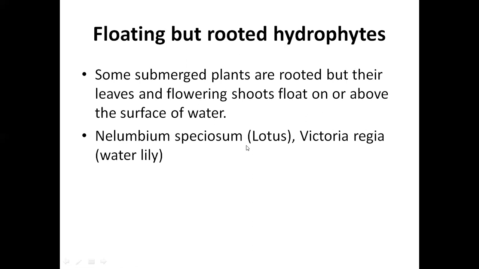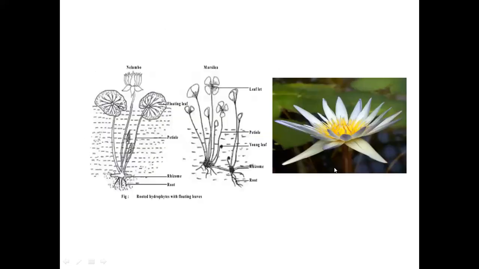They have large floating leaves on the surface. At the same time, they are deeply rooted within the mud. So this category of hydrophytes is called floating but rooted hydrophytes.